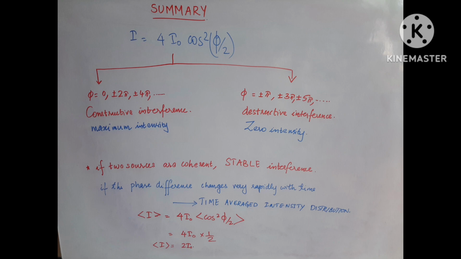So the light sources just add up: A square plus A square is equal to 2I0. If we illuminate with two light sources, the intensities just add up, and 2I0 or 2A square is the resulting intensity. There is no interference pattern like we discussed, because the maxima and minima are varying with time.